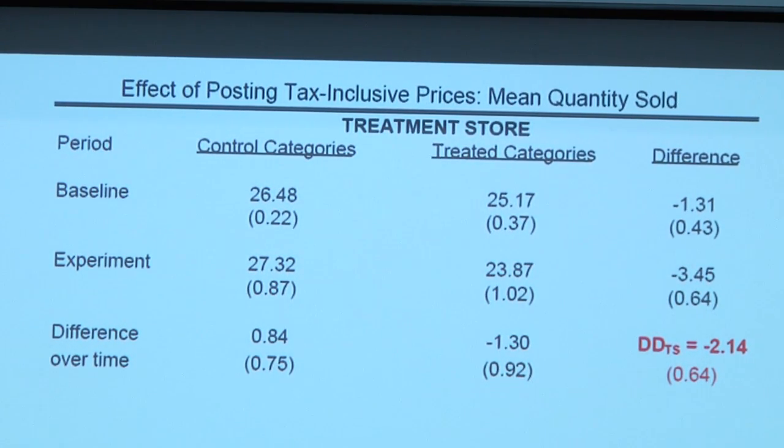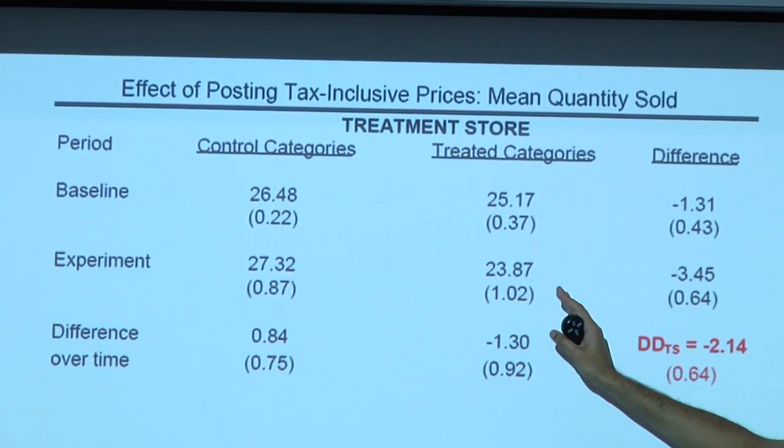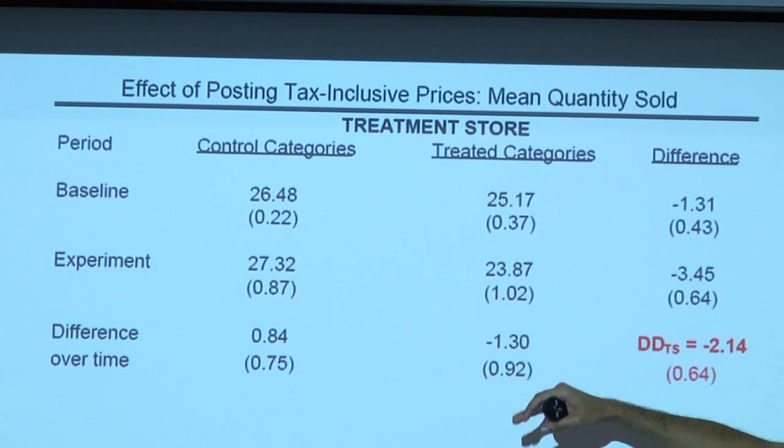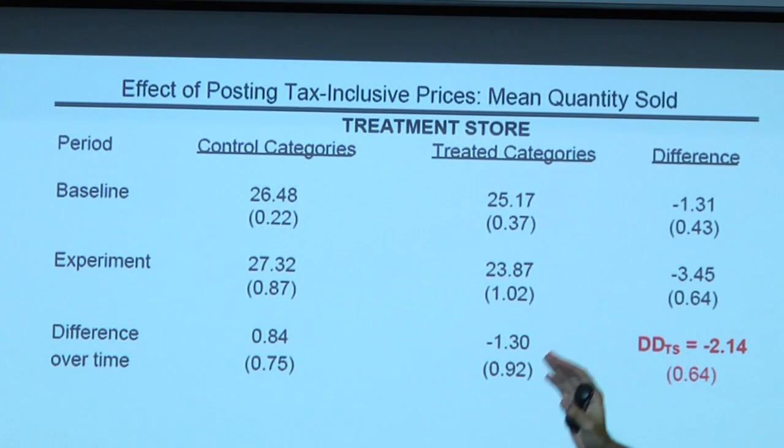So what's commonly called a common trends assumption is that in the absence of the experiment, we would have seen the same trend, the same change in demand in the control categories and the treated categories. That's what's critical in a difference in difference analysis. Now, how can we evaluate whether that assumption holds or not?